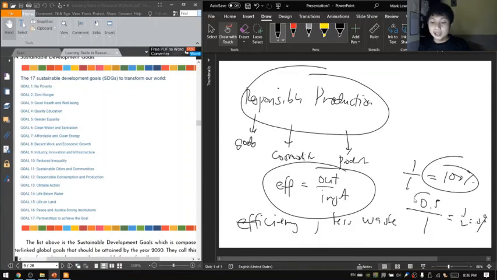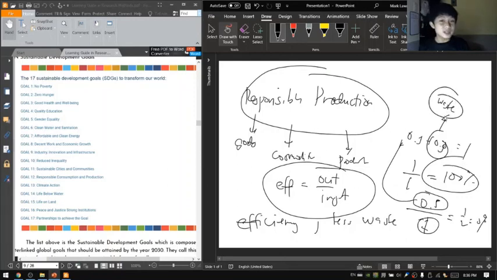Kasi nabawasan ka, output mo 0.5, input mo 1. So, 50% efficiency. Saan napunta yung remaining 0.5? Because 0.5 plus 0.5 equals 1. So, that's waste. Okay?